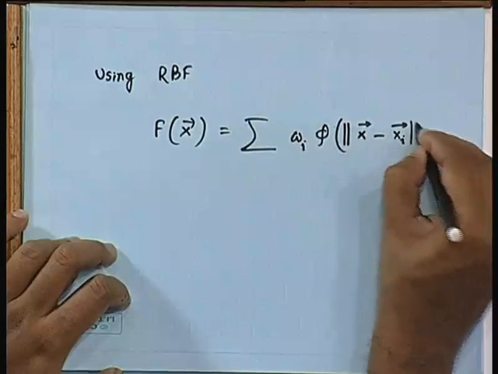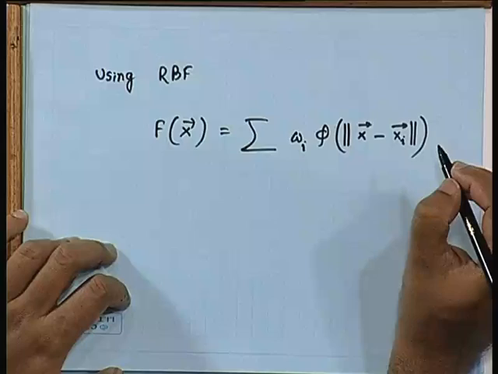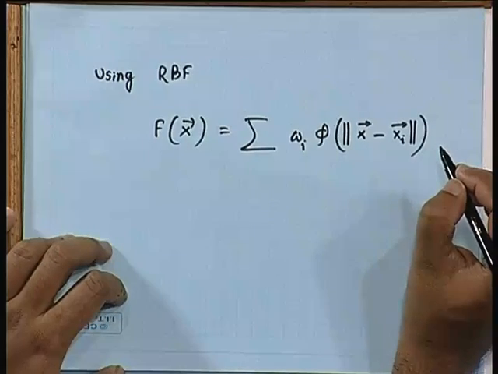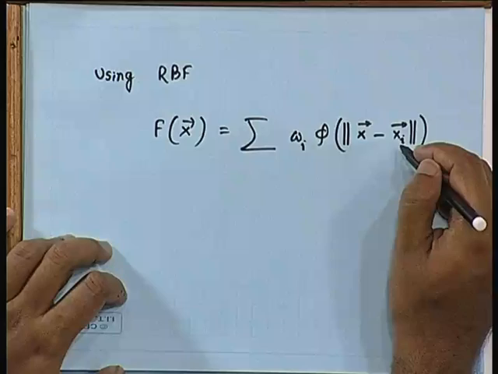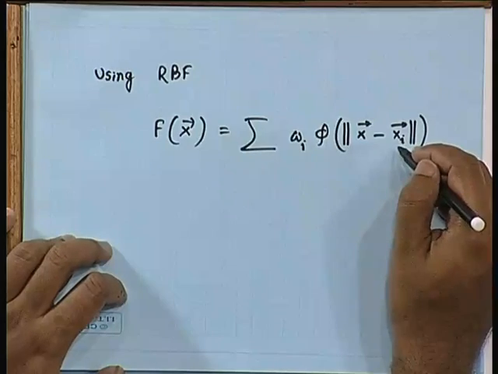That means we are taking different phi functions which are centered around the different x_i's. We have the inputs as x1, x2, x3, x4 like that, and we are considering various such phi functions centered around all of these.